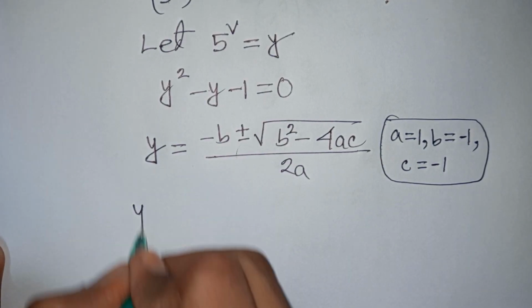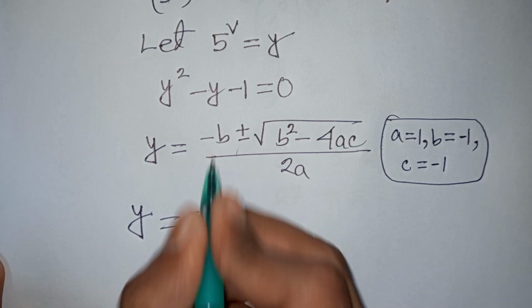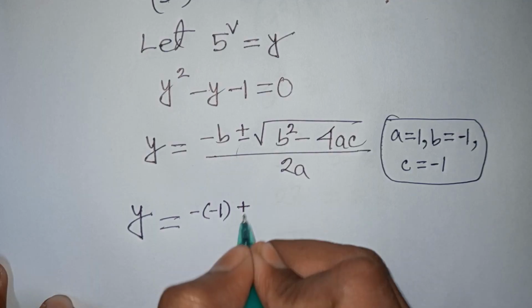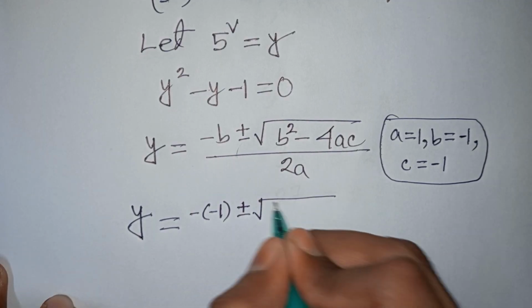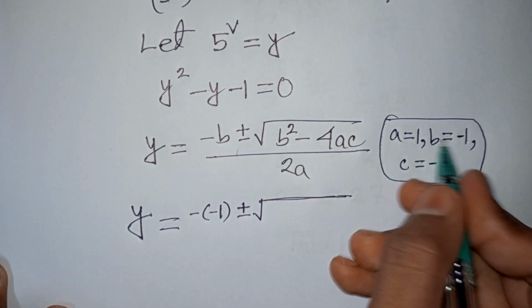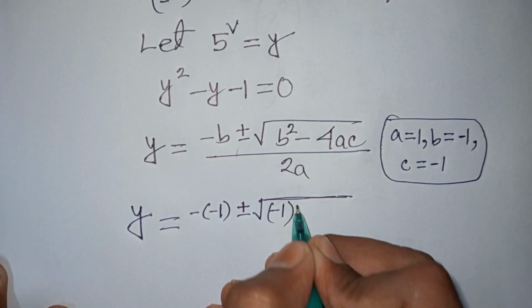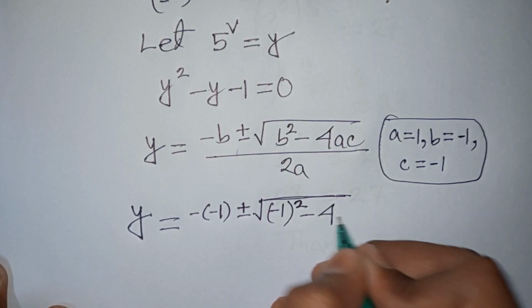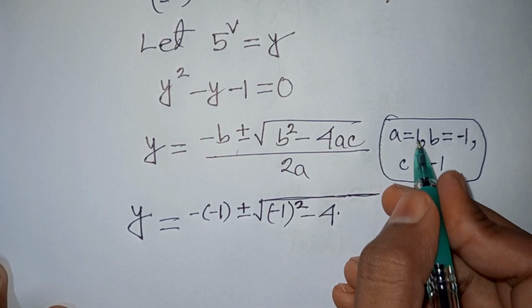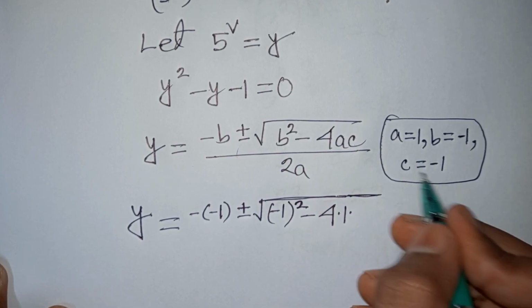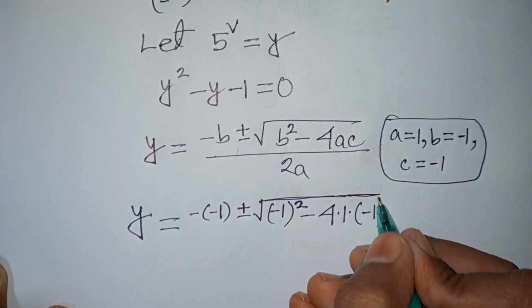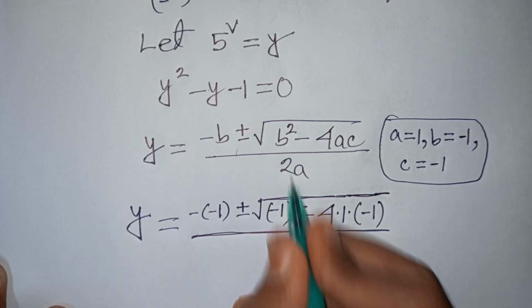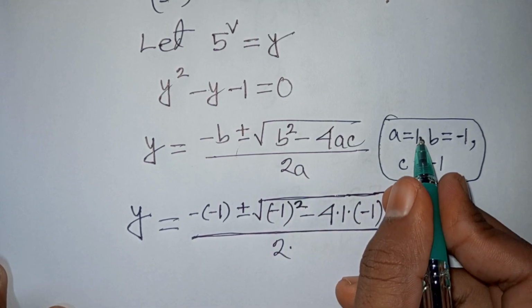Now y is equal to minus b, that means negative 1, so it will be bracket negative 1, plus or minus square root of b square, that means negative 1 bracket square, minus 4 times a, that means 1, times c, that means negative 1, so it will be bracket negative 1, divided by 2 times a, that means 1.